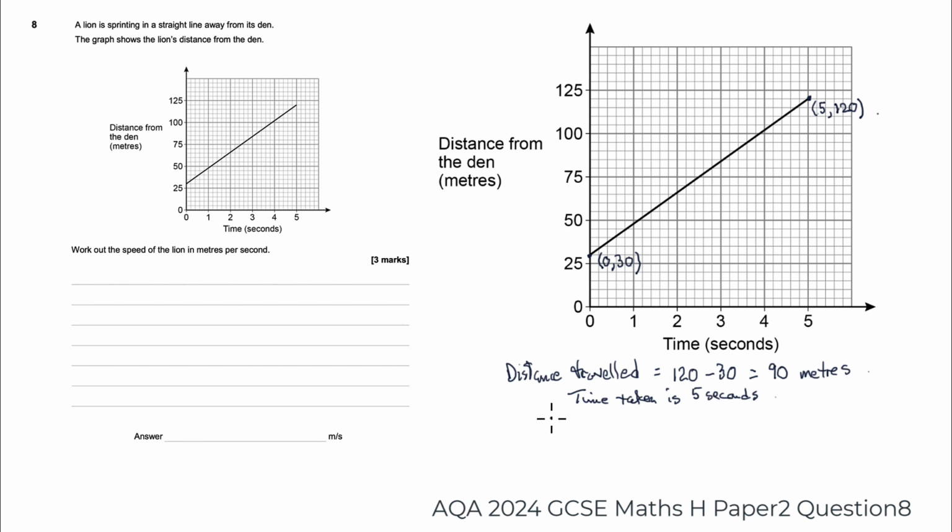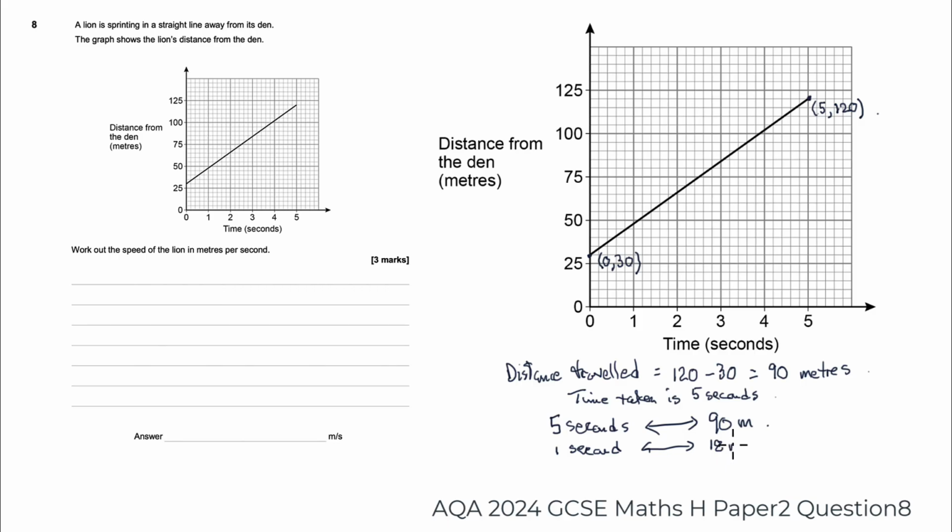So let's just write this down. 5 seconds, it's travelled 90 metres. So in 1 second, it would have travelled a fifth of that distance. We divide 90 by 5. Do that in your calculator.